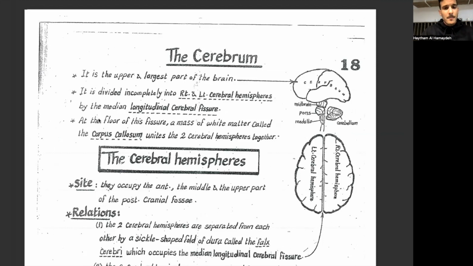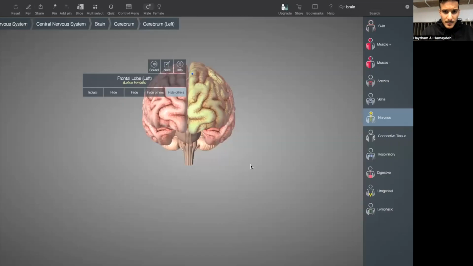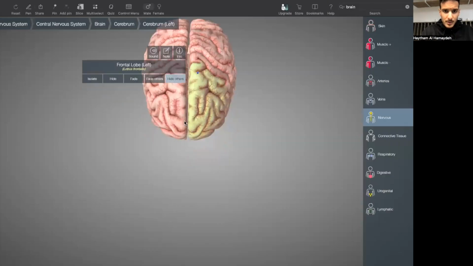And it's divided by a longitudinal cerebral fissure. This part right here is called a fissure. Okay, so it's like a hollow tiny vertical or horizontal space. Fissures are basically things that divide things. So here, the longitudinal cerebral fissure divides the cerebrum into the left and the right parts, okay?